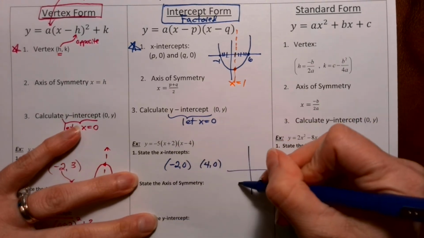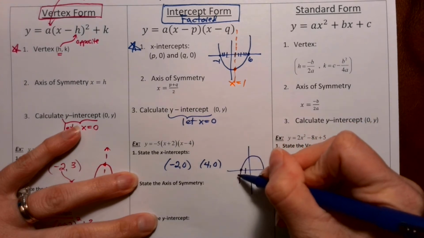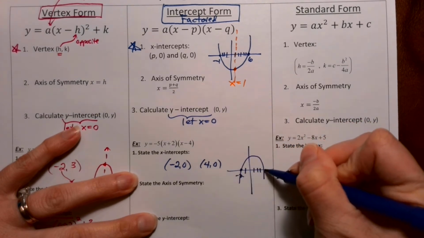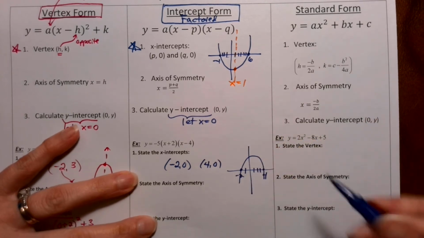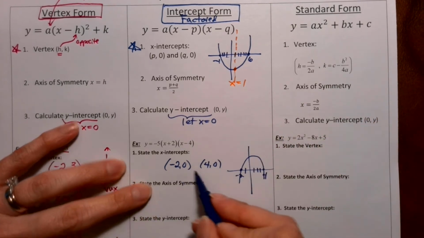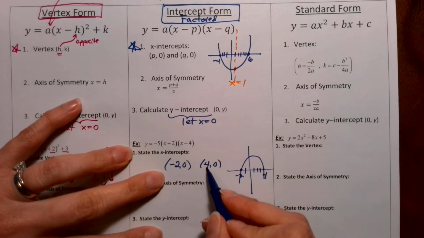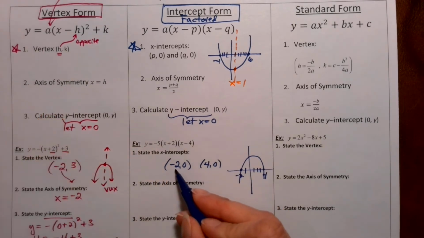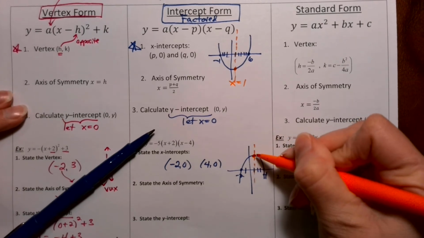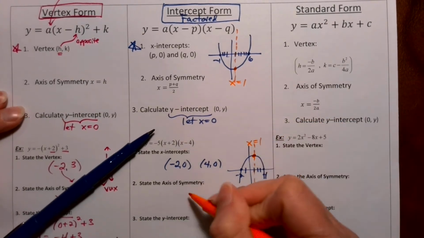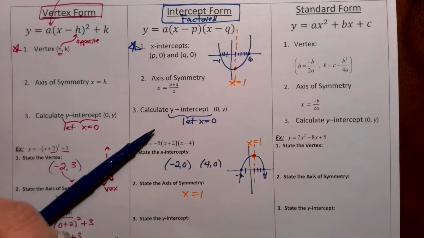We have a parabola opening down at -2, 1, 2, 3, 4. Where would the center of that parabola be? Where would the vertex be? We could average them. 4 plus -2 is 2, divided by 2, once again we get a 1. So the vertex right there would be at x equals 1.